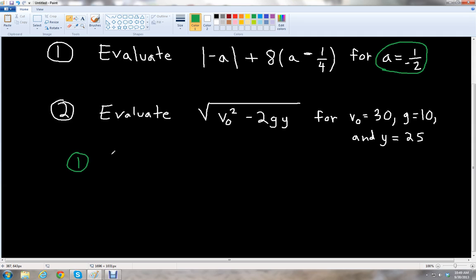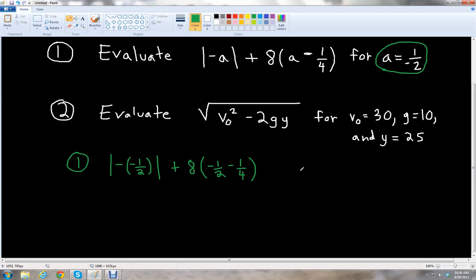So that'll be the absolute value of negative, and then we'll put parentheses, negative 1/2, and then plus 8 times negative 1/2 minus 1/4.